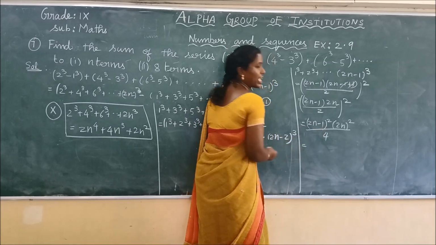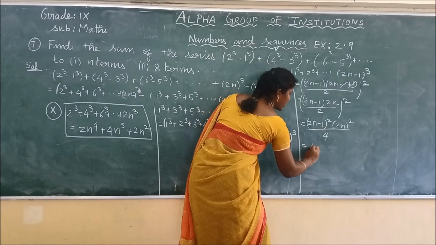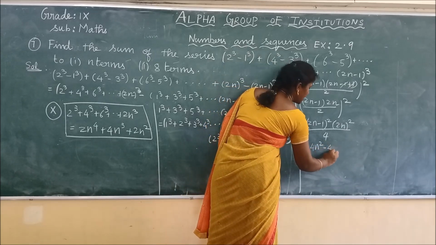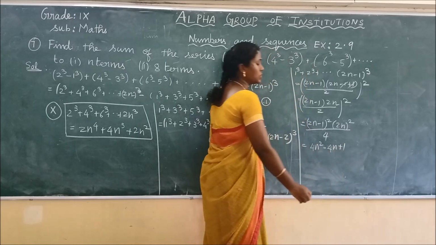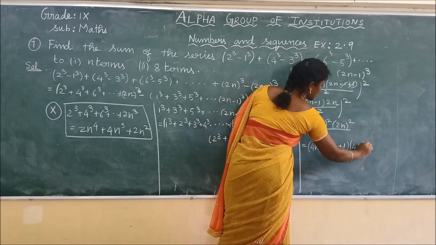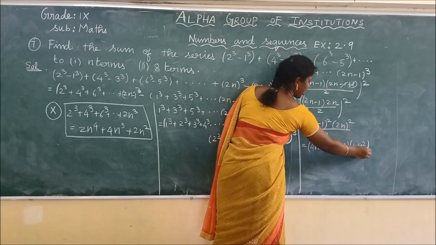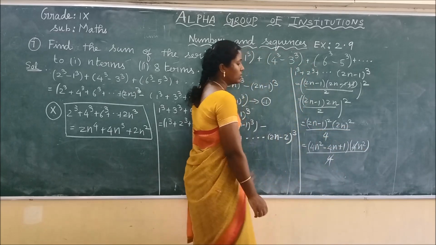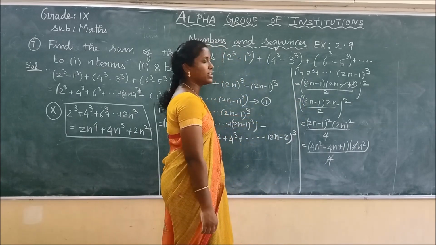So if you use the identity a minus b whole square: a square, that is 4n square, minus 2ab, that is minus 4n, plus b square, that is 1. The next value 4n square, because 2 to the 4, n square by 4. Here 4 and 4 will get cancelled. So you should multiply n square inside the bracket.